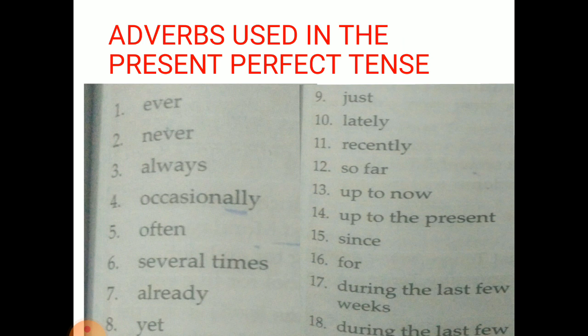So let's discuss these: ever, never, always, occasionally, often, several times, already, yet, just, lately, recently, so far, up to now, up to the present, since, for, during the last few weeks, and during the last few months.